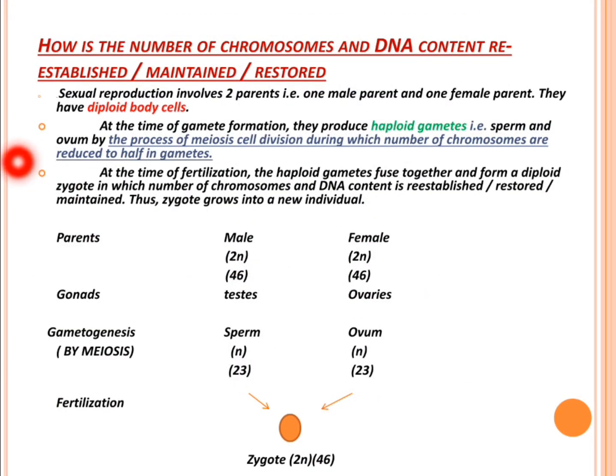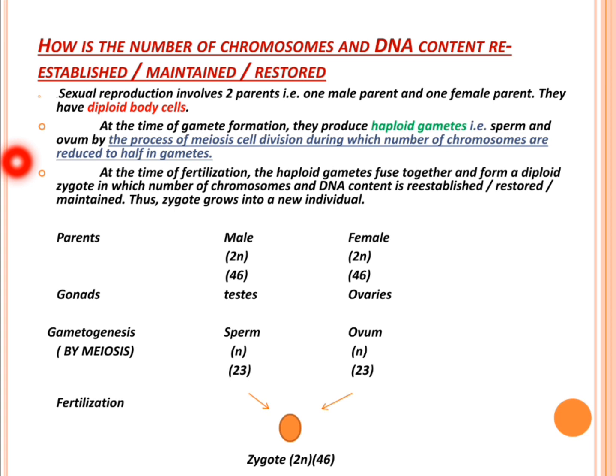Students, now one question arises. If both the parents, that are male and female parents, contribute equal amount of their genetic material in the form of chromosomes and DNA to their next generation, that is their children, then how does the number of chromosomes remain constant in the next generation? As you all know, humans have 46 chromosomes in their body cells.